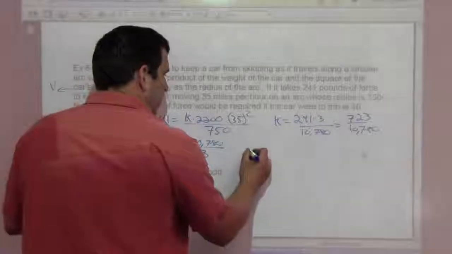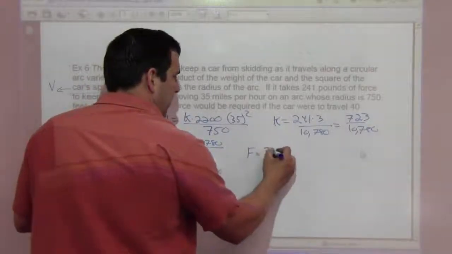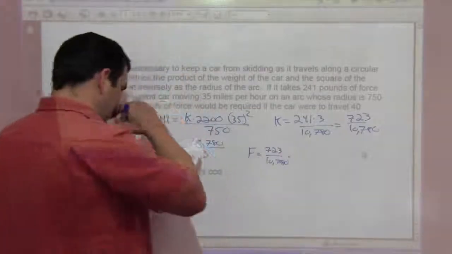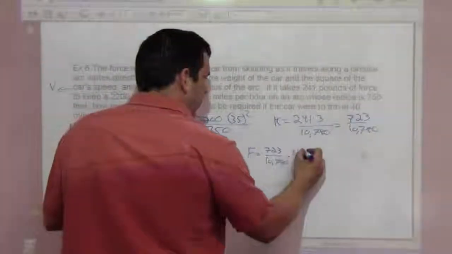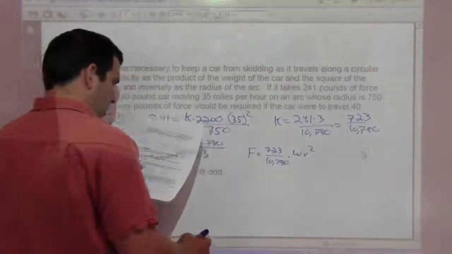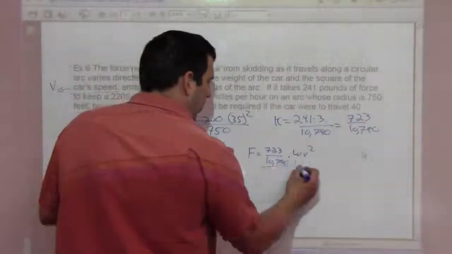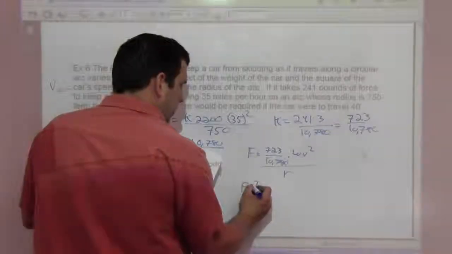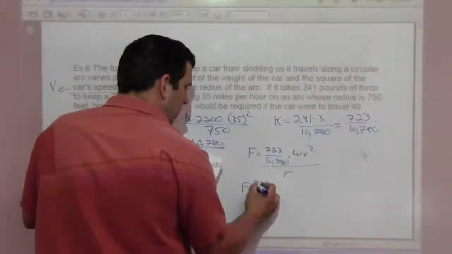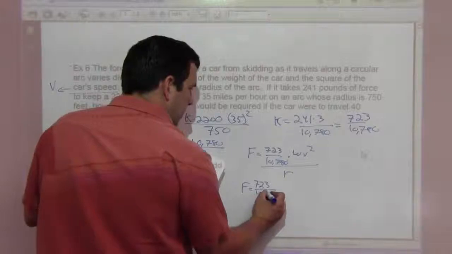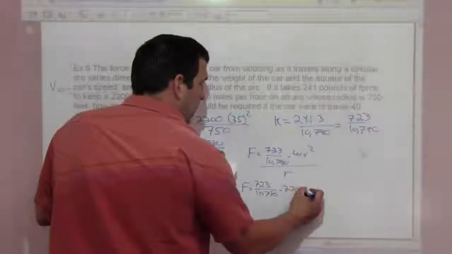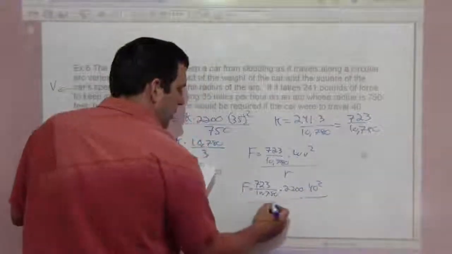So our force is going to be 723 over 10,780 times w v squared, all that over r. So our force is going to be 723 over 10,780 times 2,200 times 40 squared over 750.